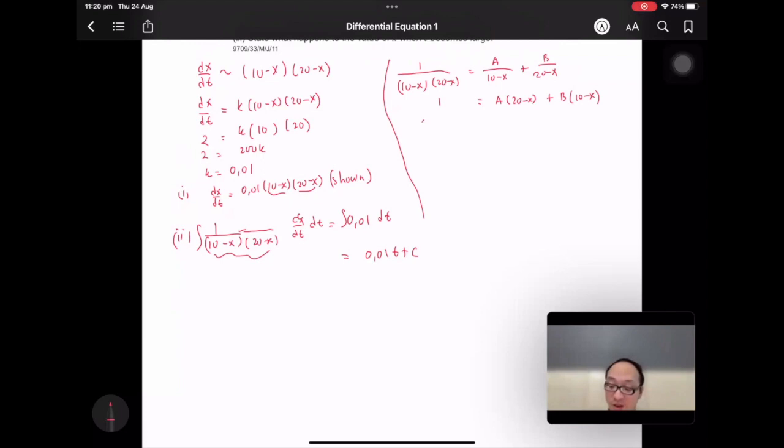So for x equals 10, I have 1 equals 10a. So a is 1 over 10. For x equals 20, I have 1 equals negative 10b. So b equals negative 1 over 10.